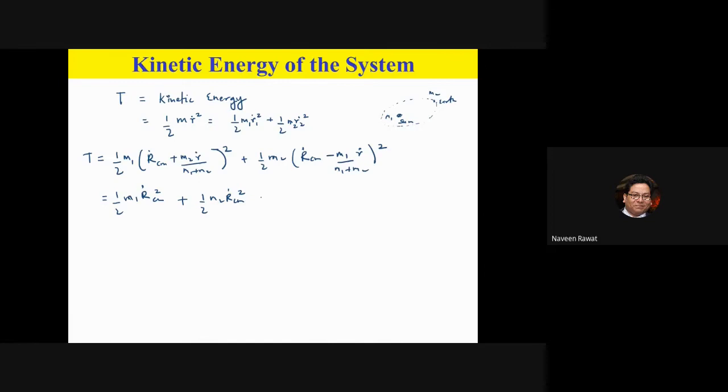So let's do that. I will have 1 half m1 m2 square r dot square divided by m1 plus m2 whole square. That is my term here, and then I get another term, plus 1 half m1 square m2 divided by m1 plus m2 square, and then I have an r dot square here.